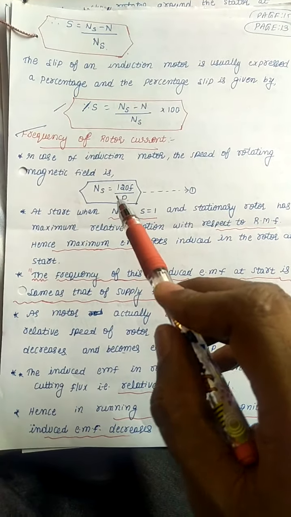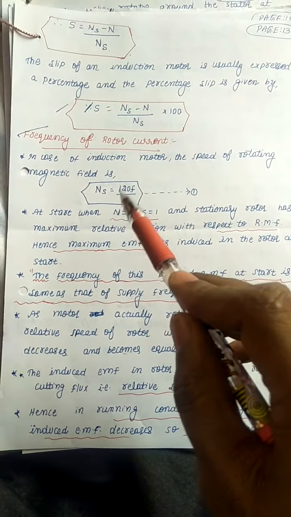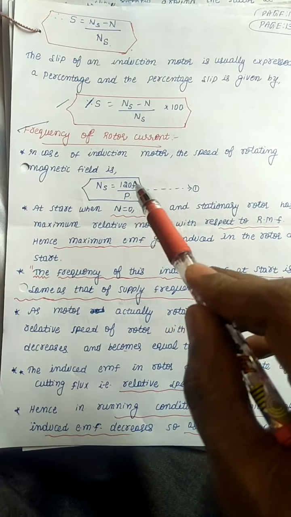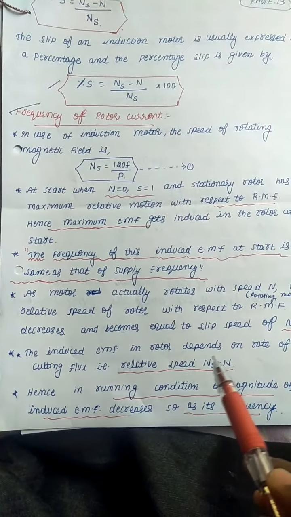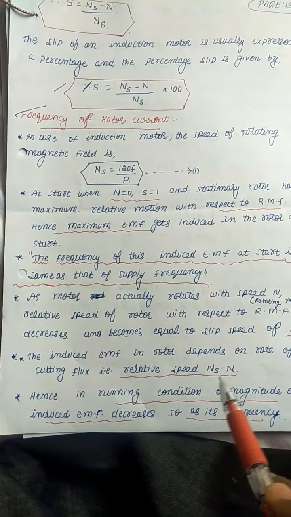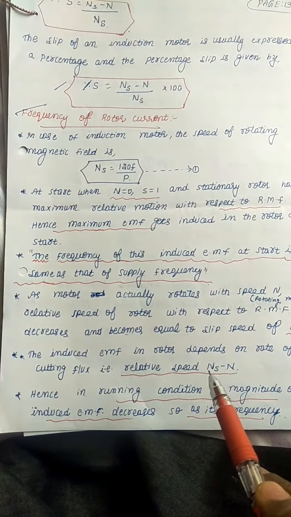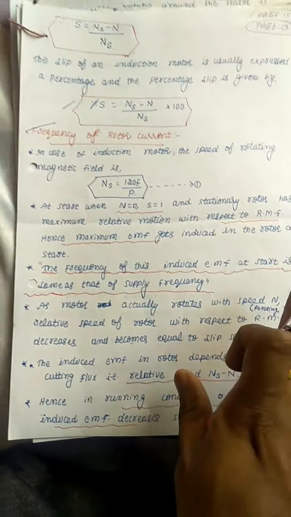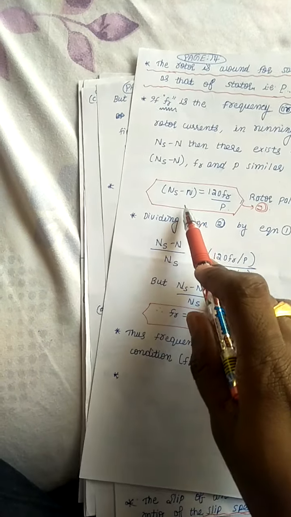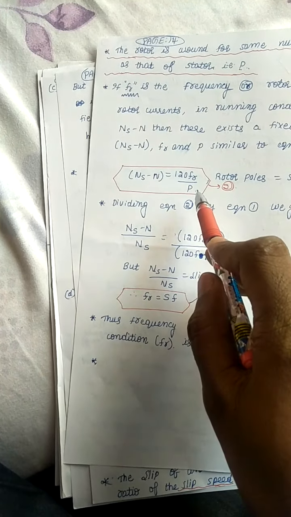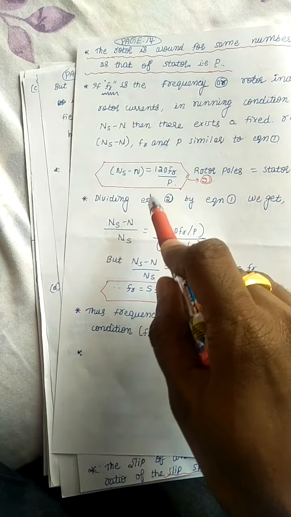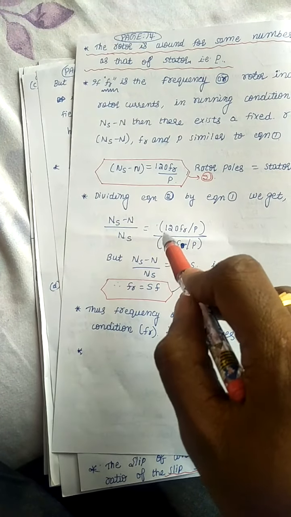Coming to the frequency of the rotor current, the same expression we derived in the previous case, Ns is equal to 120 f by P. The relative slip speed you have to consider is Ns minus N, where Ns is the synchronous speed of the magnetic field and N is the speed of the rotor. So Ns minus N divided by 120 f by P, or relative speed divided by Ns.